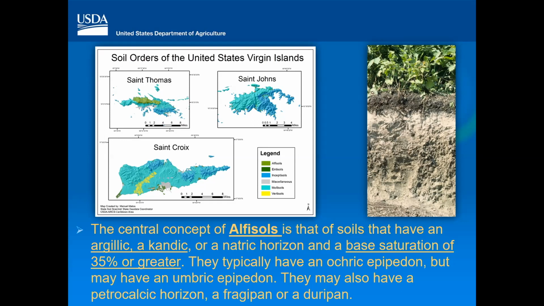And they have a base saturation, which means neutral to high pH, more alkaline soils, that is 35% or greater. For plant growth, that's great, right? And they have this thin surface called an ochric epipedon. If you don't have the limitation of depth, like shallow to bedrock, these soils can be very productive.